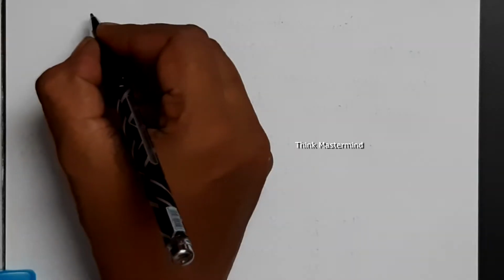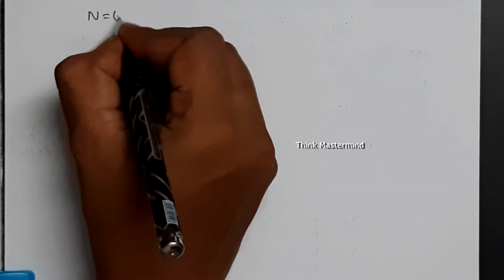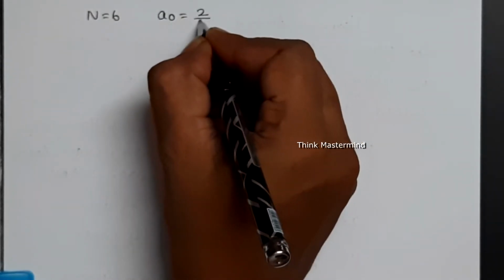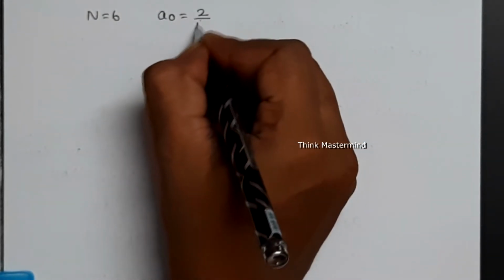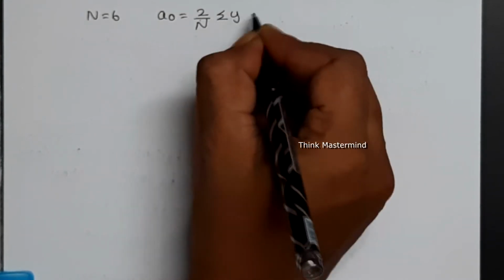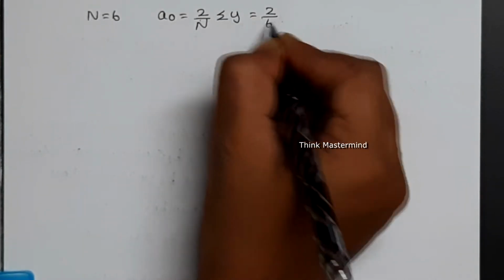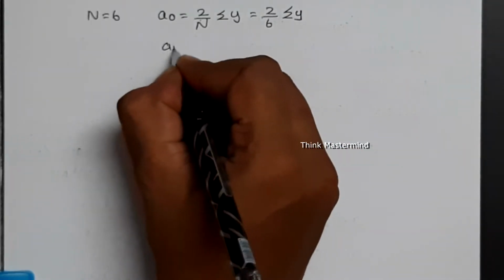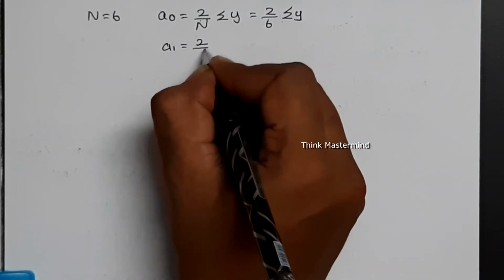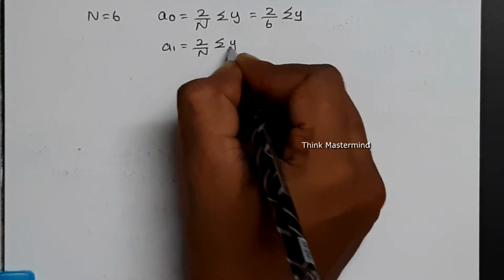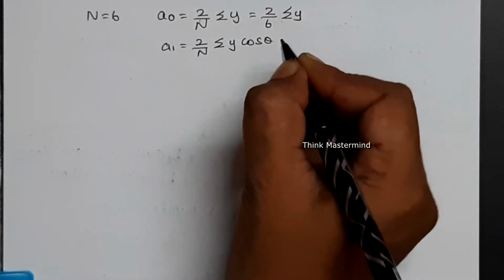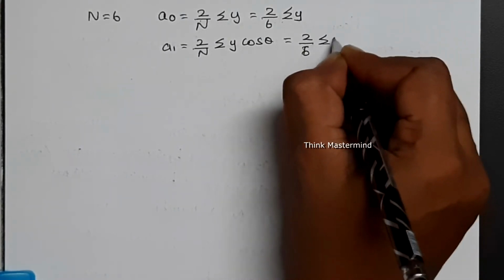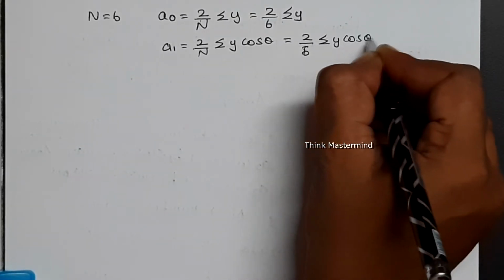Now we know that n is equal to 6, then a0 is equal to 2 by n times summation of y, that is 2 by 6 into summation of y. Similarly a1 is 2 by n into summation of y cos theta, that is 2 by 6 times summation of y cos theta.